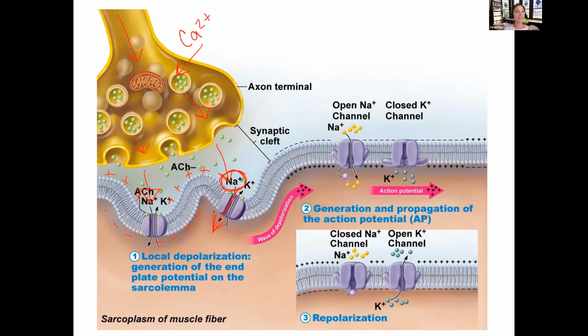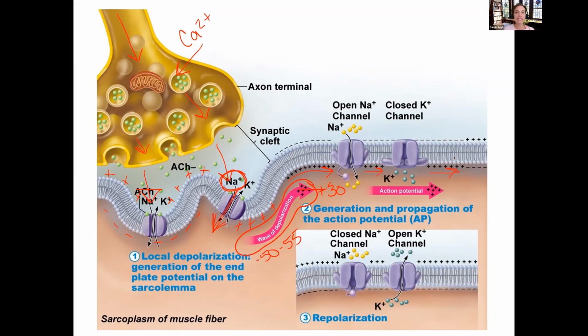If enough sodium comes in to hit threshold, remember threshold is -50 to -55, then a lot of sodium channels open, and the inside becomes really positive. We can see this wave of depolarization. The inside gets to +30. That's our action potential. And that's going to spread down the sarcolemma. You can see that positive on the inside and down the T-tubes.